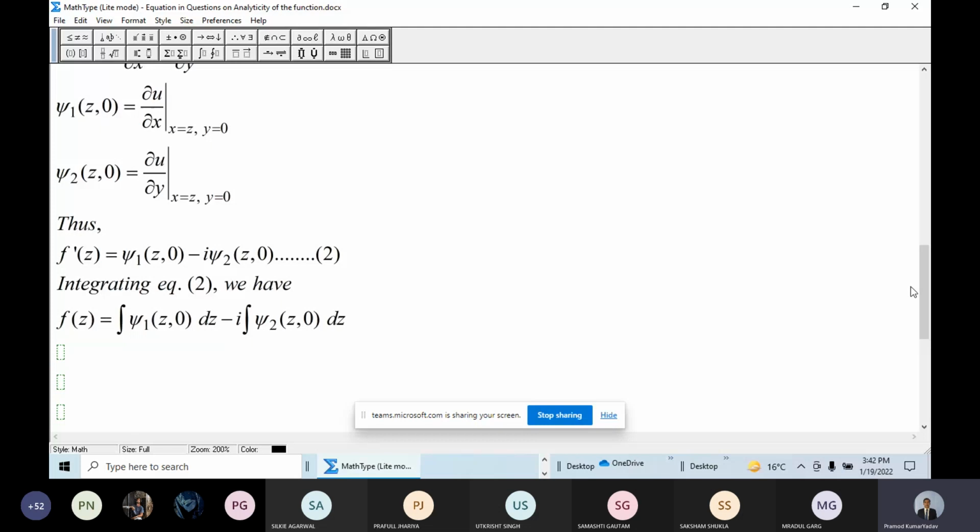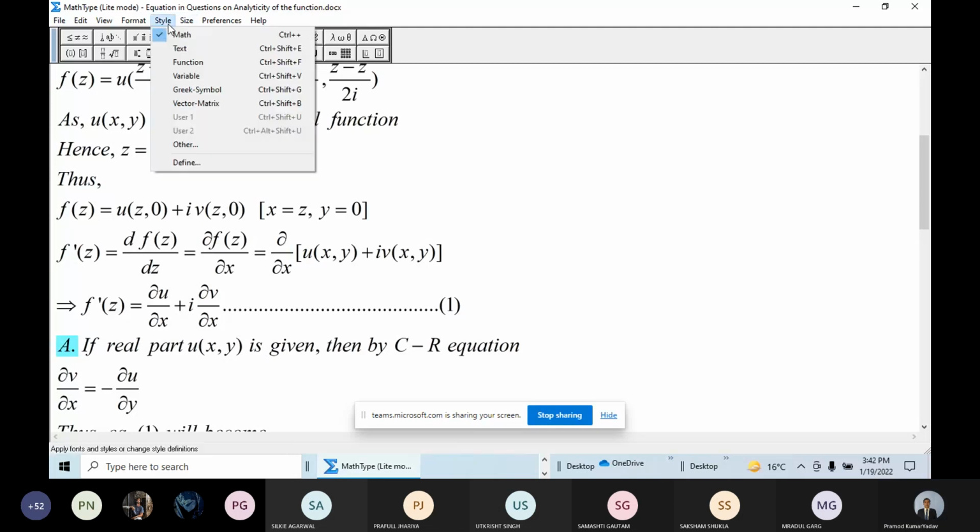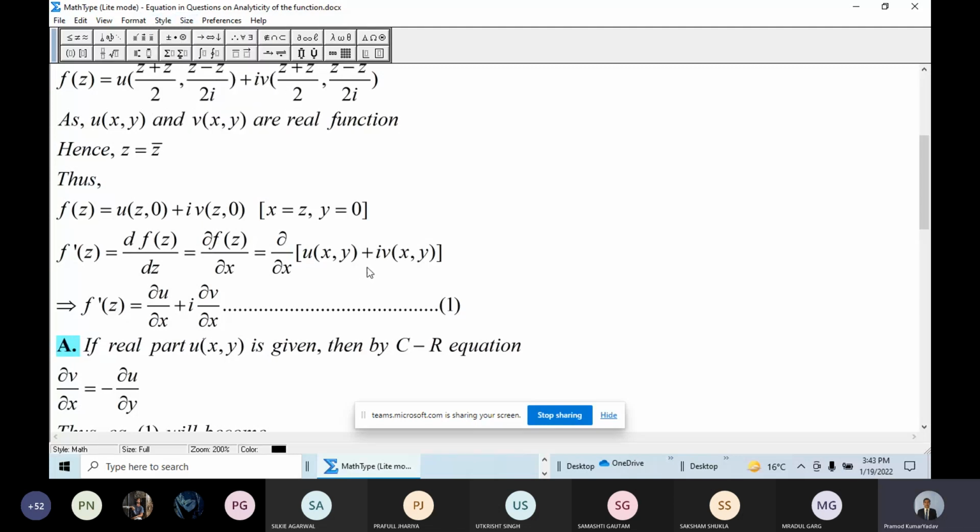Now at the same time, this is the case when the real part is given. Now the second scenario: sometimes if the imaginary part v x y is given, then what will be the formula?